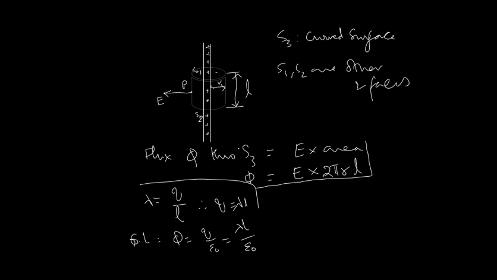That's why we equate this equal to this. Therefore lambda L divided by epsilon naught. Why are we doing this? Because we want an expression for E. So E into 2 pi r into L equals lambda L divided by epsilon naught. This L gets cancelled. So E is equal to lambda divided by 2 pi r epsilon naught.